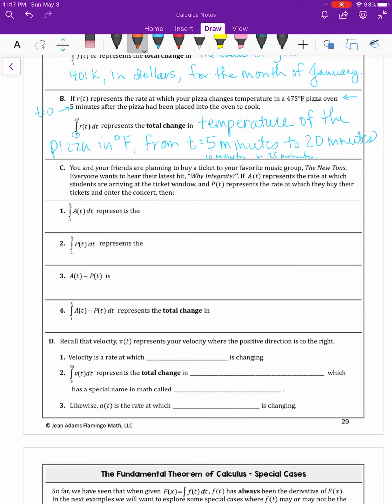So it's going to be students per whatever the time is. And so, did it tell us time here?